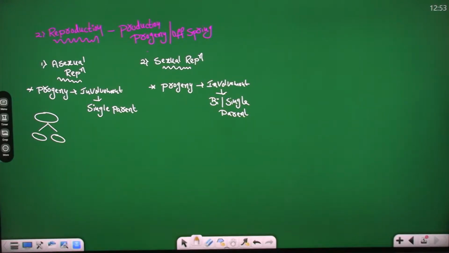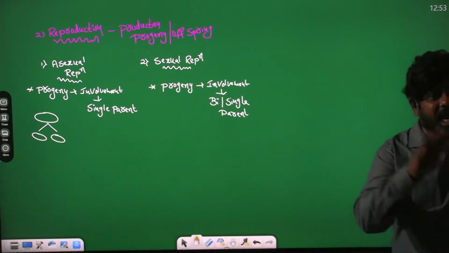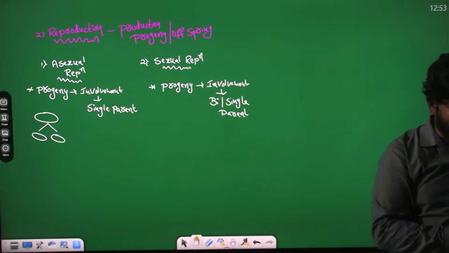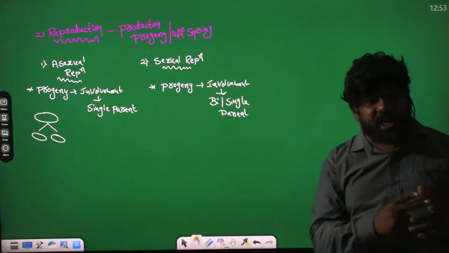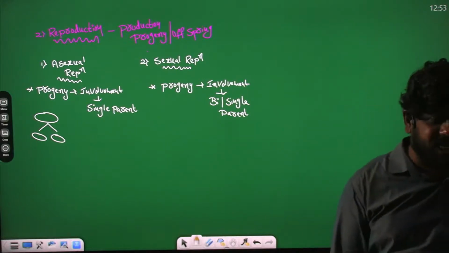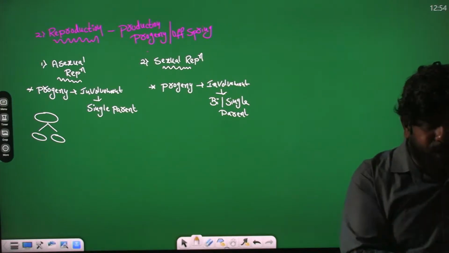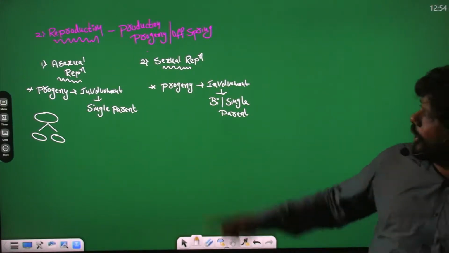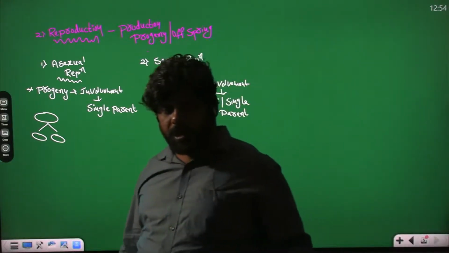If the plant is monoecious, one parent is sufficient. If the animal is hermaphrodite, meaning both sexes are present in a single animal, here also one parent is sufficient. Sexual reproduction does not compulsorily require two parents; there is a possibility of a single parent also, but in asexual reproduction a single parent is compulsory.